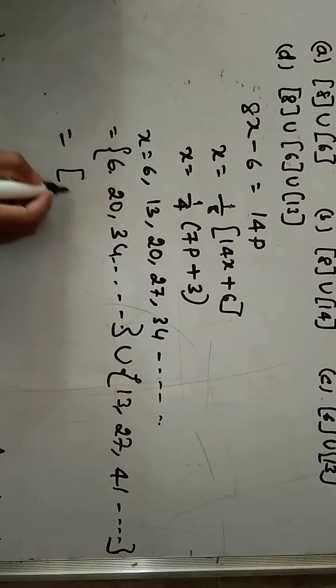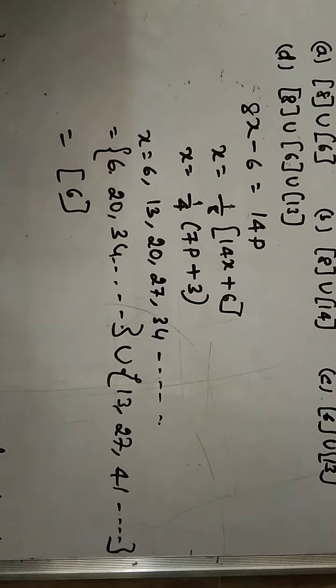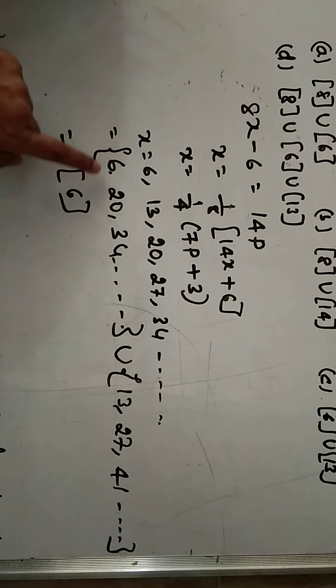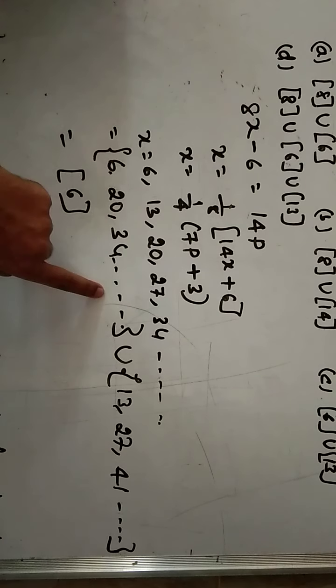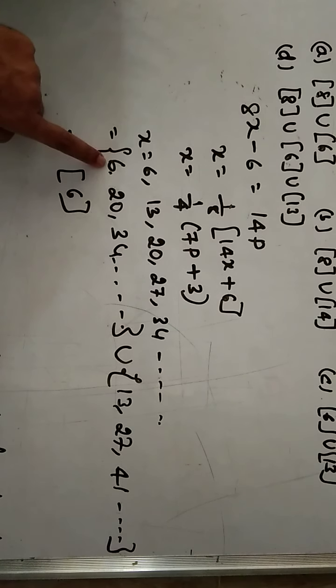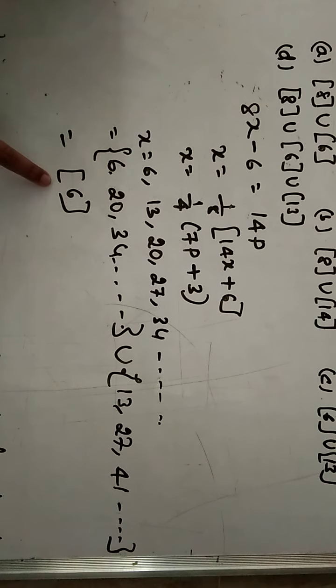Okay, now equivalent class of 6: the remaining numbers are related with the 6. See, if we add 14 to the 6, you will get 20. Same, each of the remaining elements is related to the 6. That's why equivalent class of 6.